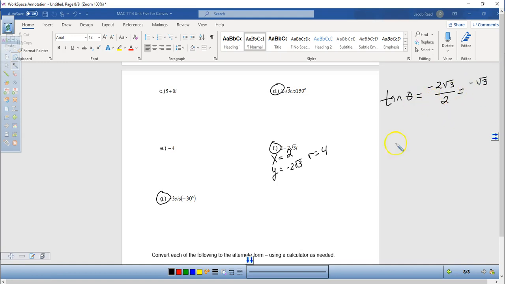Where's tangent -root 3? 300 degrees. So I've got 4 cosine I sine of 300 degrees.